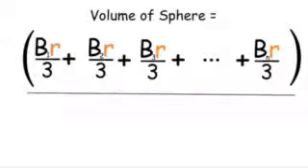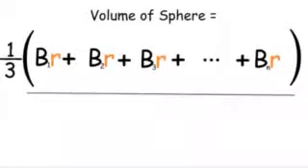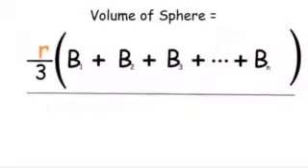So next, we will use algebra and begin by factoring out a 1 over 3, and we will also factor out the radius, giving us r over 3 times the sum of all bases.